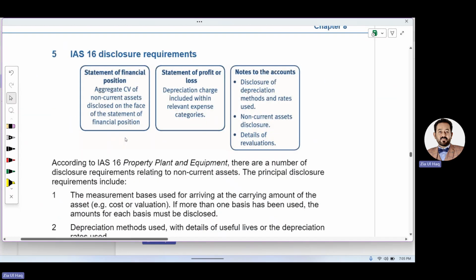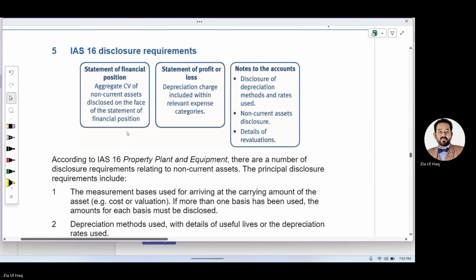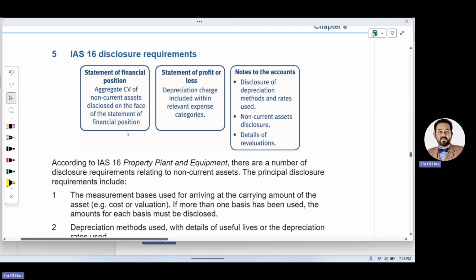So this chapter is ended. No, not ended. IAS 16 relates to tangible non-current assets, called PPE, property, plant and equipment. IAS 16 requires you to provide disclosures in the financial statements relating to your assets.